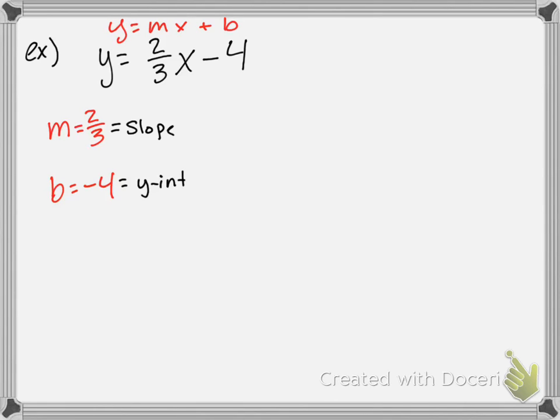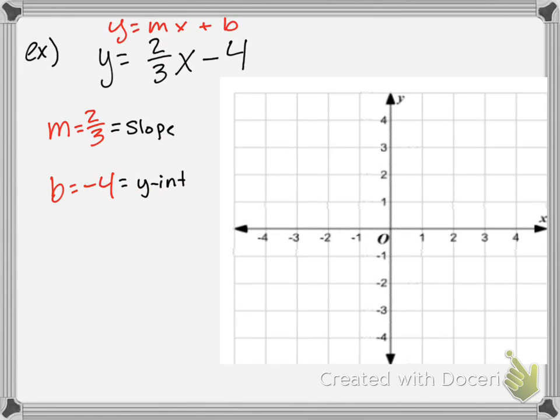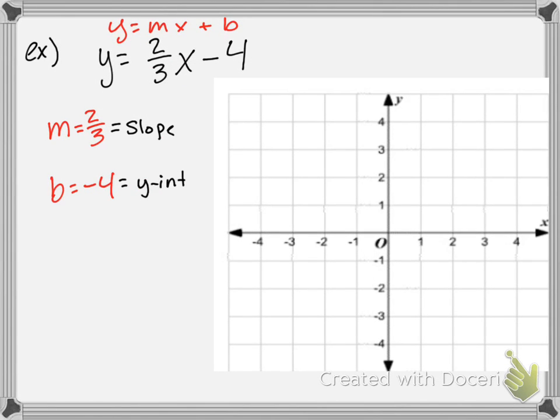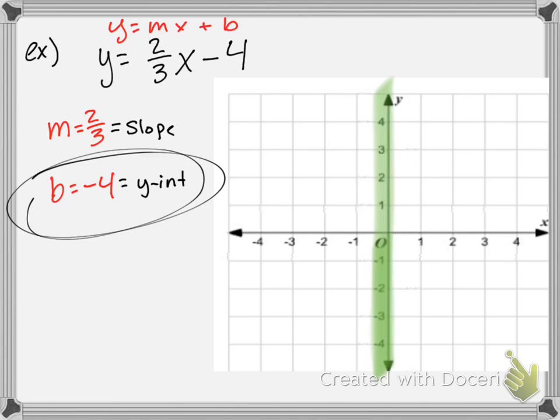Okay, so if I go ahead and get a graph, I'm going to start with the beginning, right? Begin, b for beginning. I'm going to start at negative 4, and on our y-intercept, this line right here, we're going to find negative 4. And so at negative 4, I'm going to go ahead and put a point right here. Right? That's my beginning.